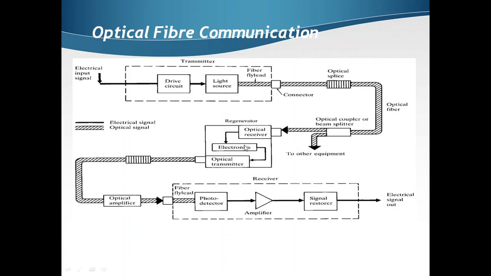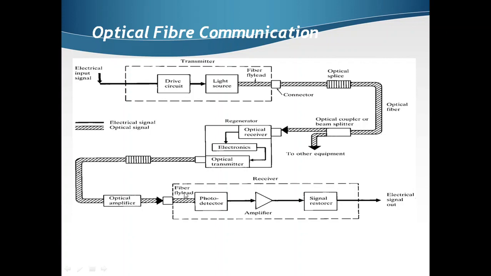And again, after working on the signal, this electronic circuit then gives the signal to the optical transmitter. The optical transmitter here works similar to the earlier one, and it converts the electrical signal again into the electromagnetic wave.